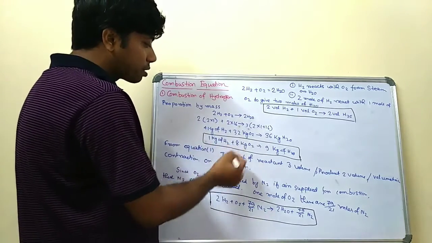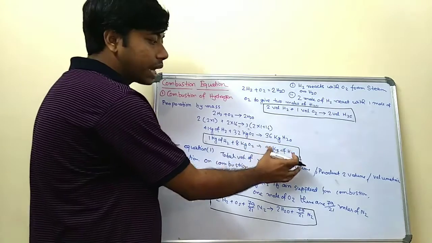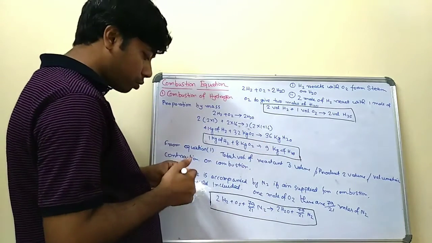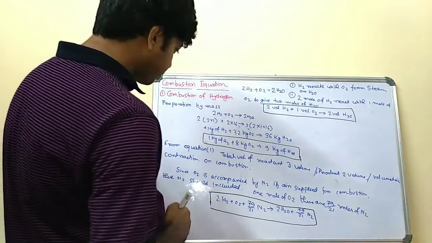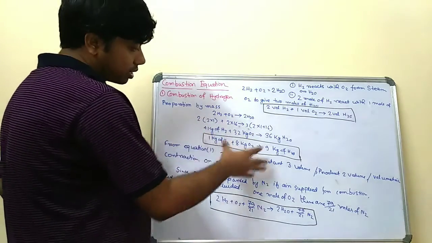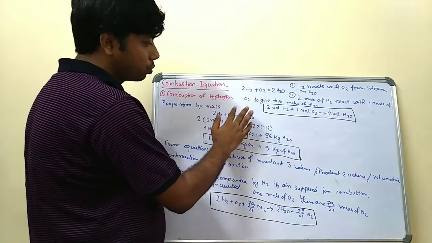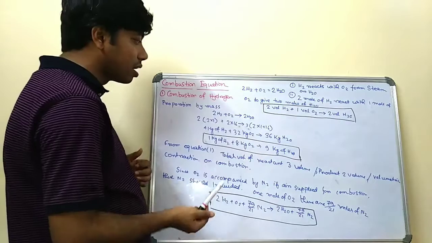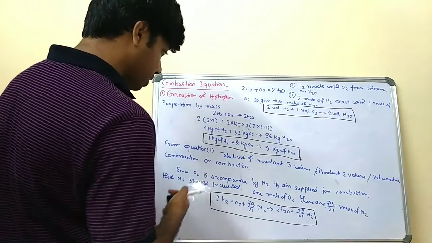So by mass proportion, 9 kg of reactants is equal to 9 kg of products. It follows the conservation of mass. That's why the equation is balanced: 2H2 + O2 = 2H2O.